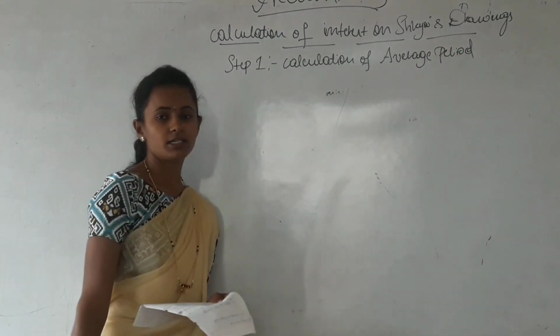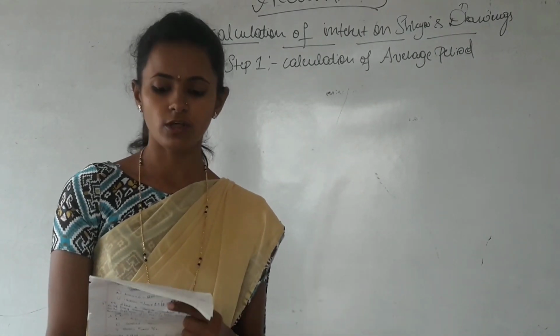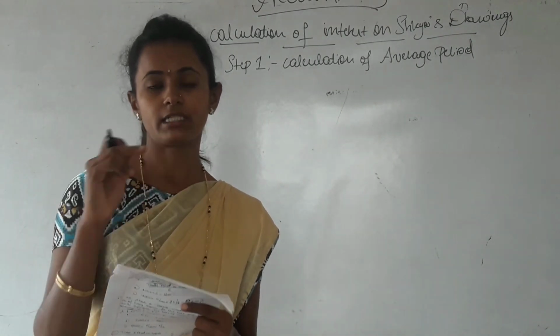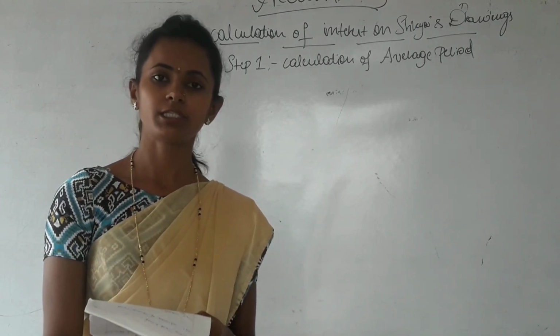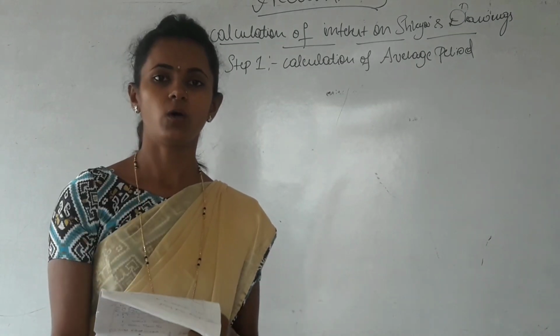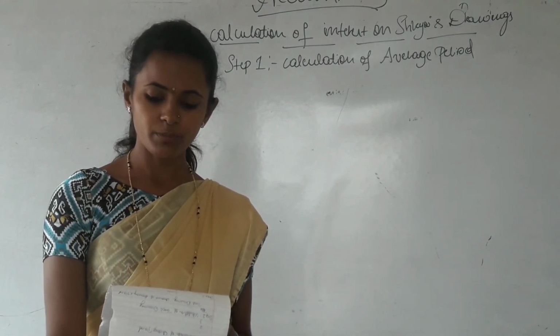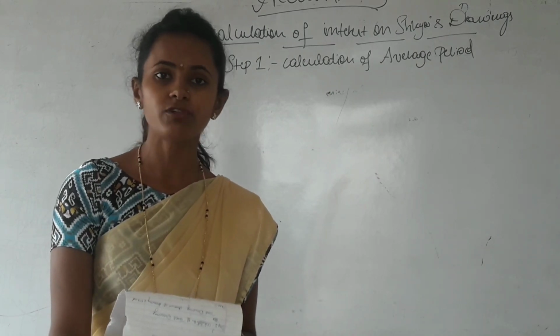We all know that we have 3 formulas in the case of step 1 to calculate the average period, that is in the beginning, in the end and in the middle. And in this problem they have given that Shreya withdrew rupees 1000 at the beginning of every month.